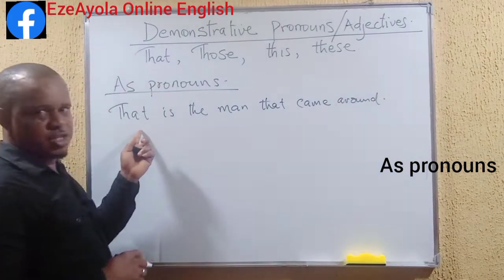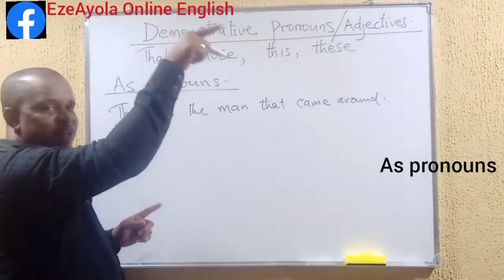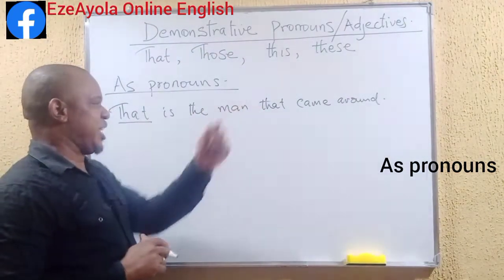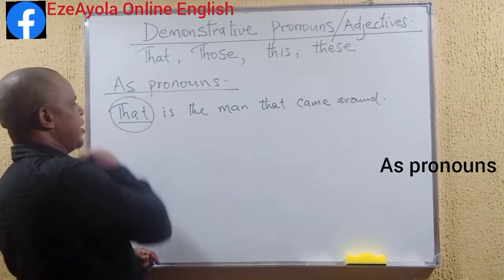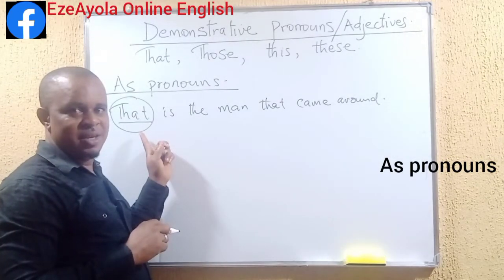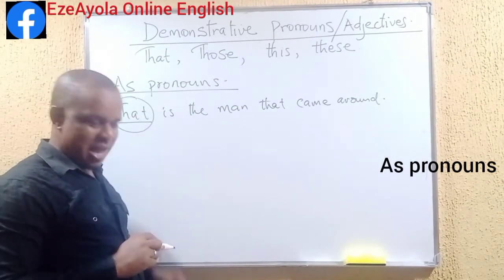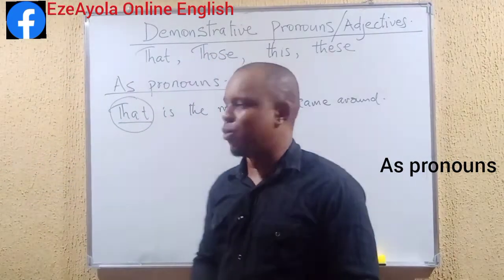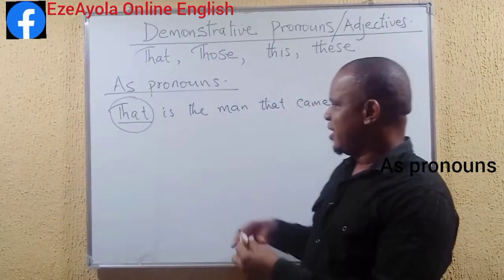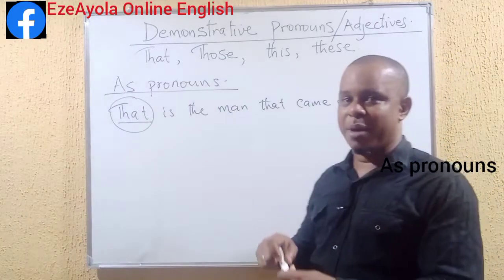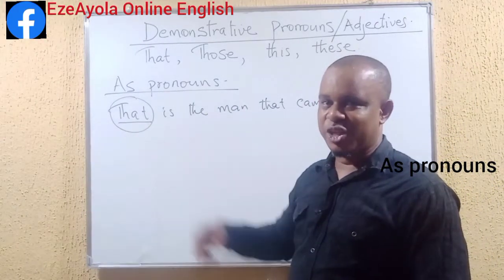Now, if you look at this, that is the man that came around. Here, you can't call this an adjective. It is a pronoun. That is the man that came around. Here, it is a pronoun.